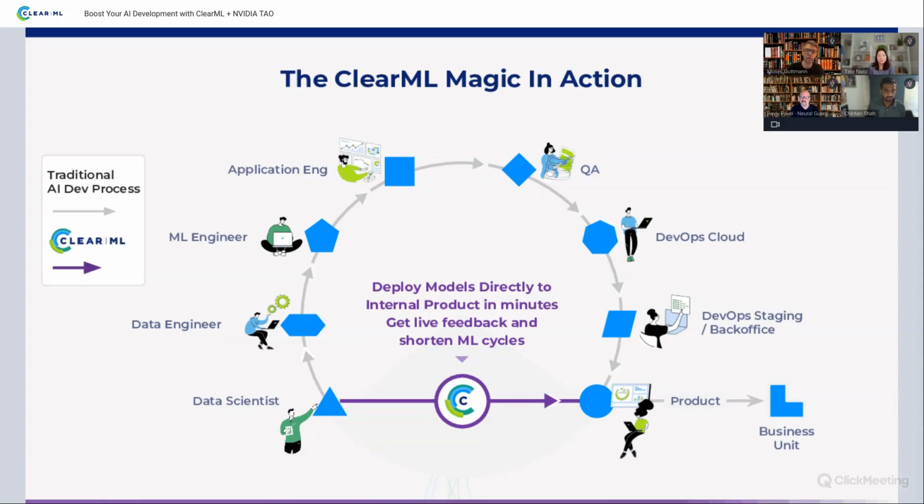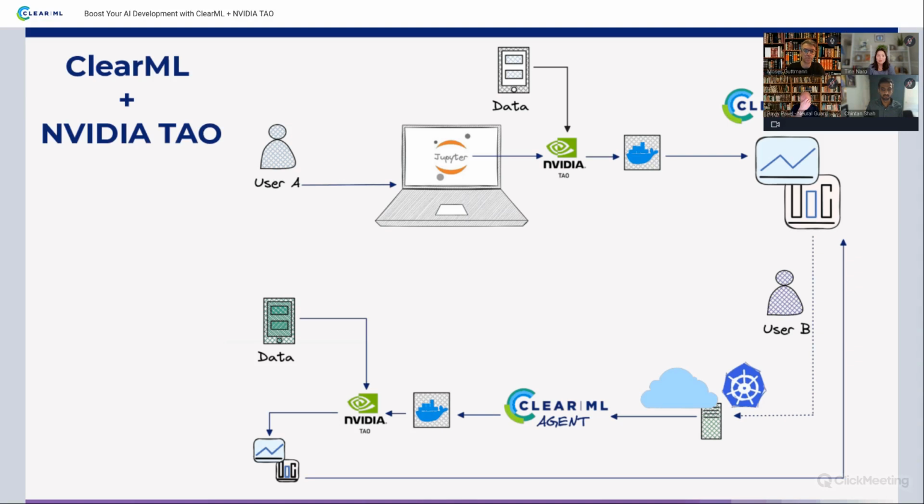But once that's done, we can reproduce and repeat that process with a single click, really accelerating the process of R&D to production and getting feedback from the field itself, which actually increases the accuracy of our models and the performance of the application, etc. And that's, at the end of things, the target of everything that we're discussing here today.